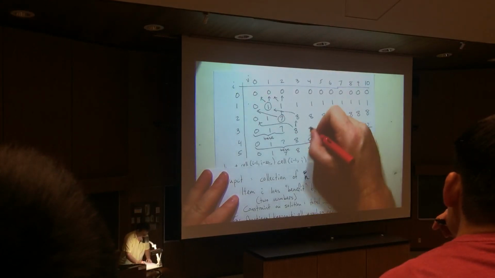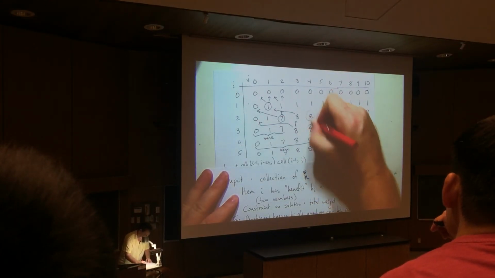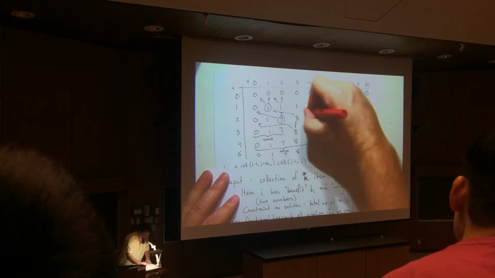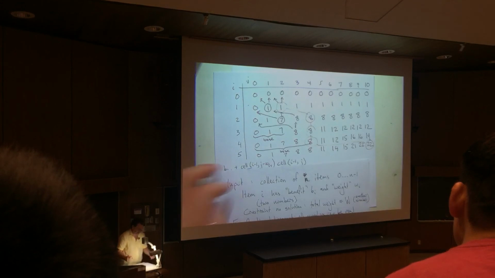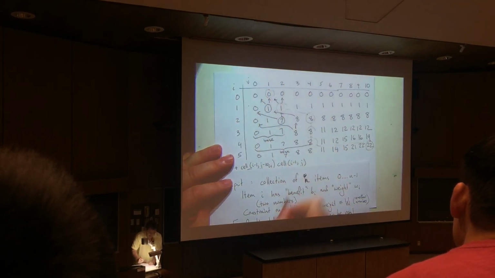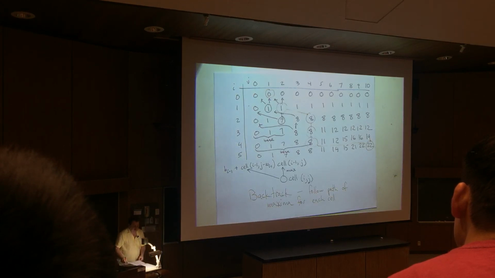I think, 888. And then back 2 units. This 1 is something that we got from the 0, and the 0 is a base case.